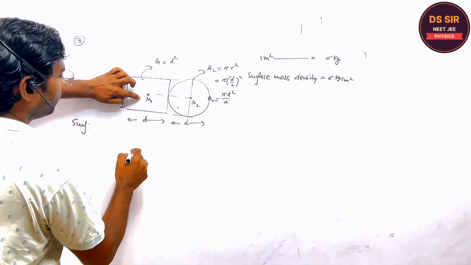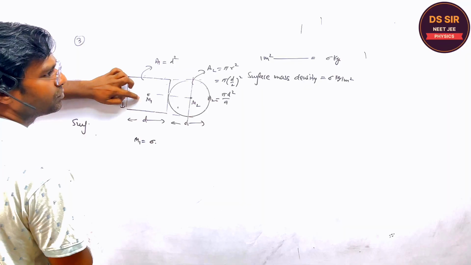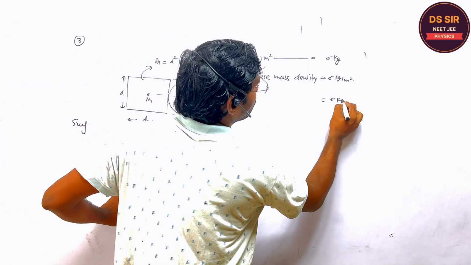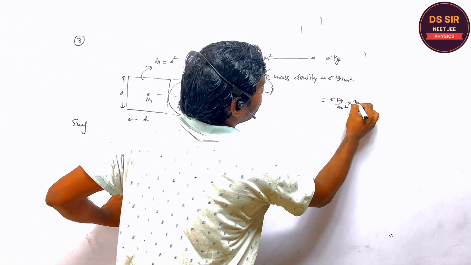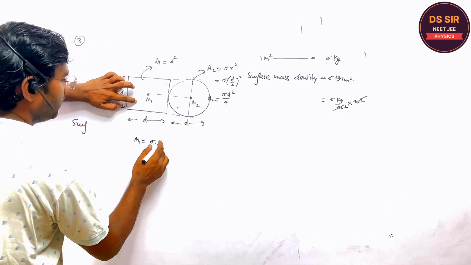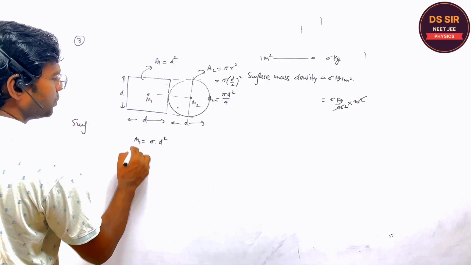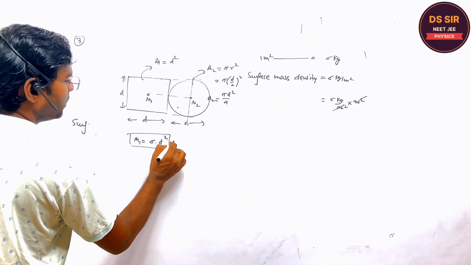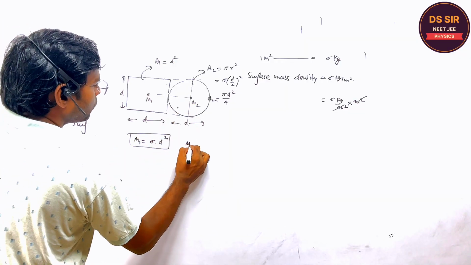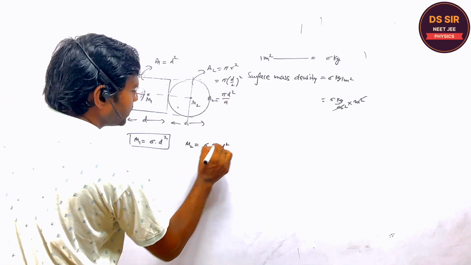So what will m1 be? m1 is sigma into area. Sigma is in kilogram per meter square, and if we multiply by area, we get the mass. Sigma into area is sigma d square, so this is the mass m1. What is the mass m2? Sigma into its area, pi by 4 d square.